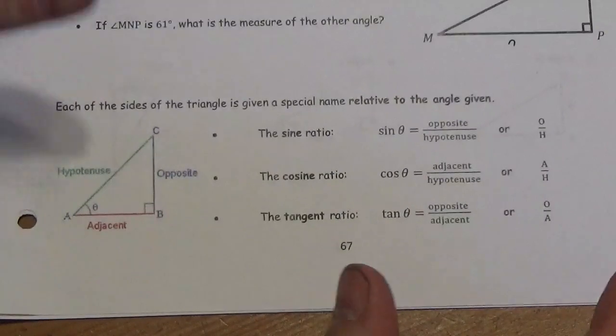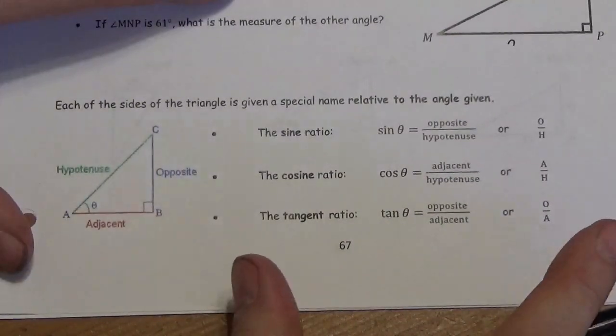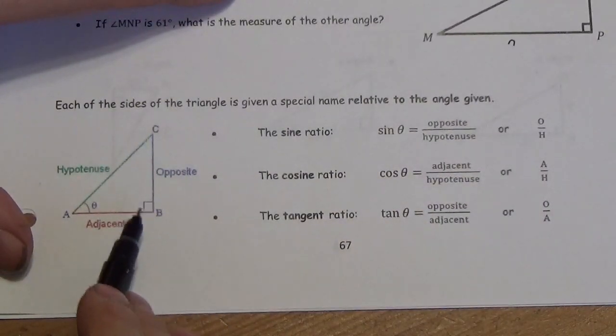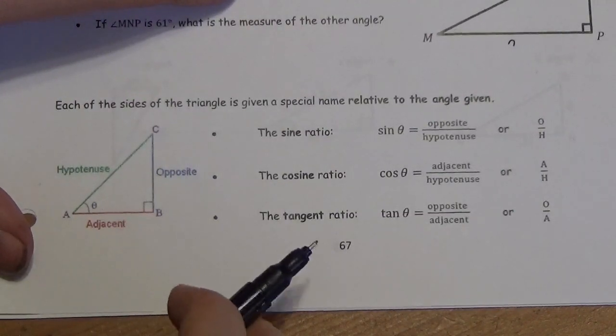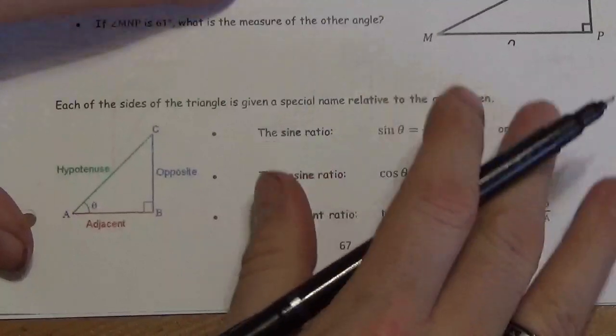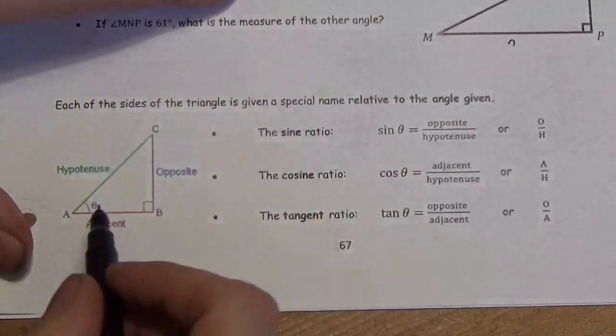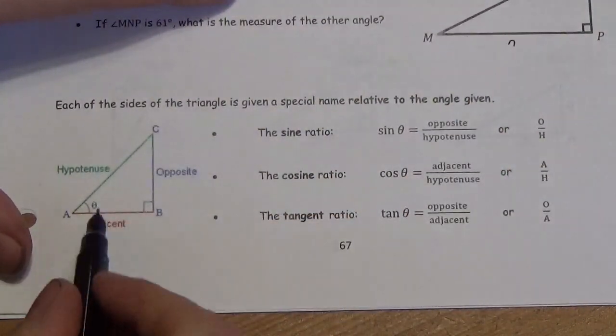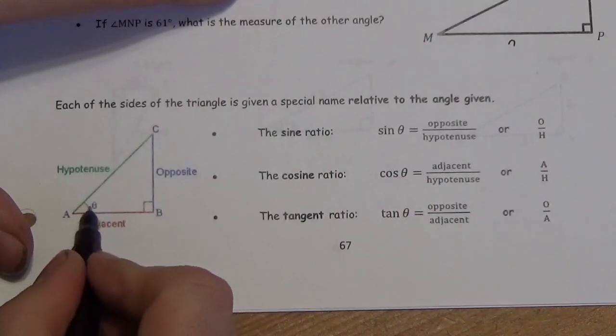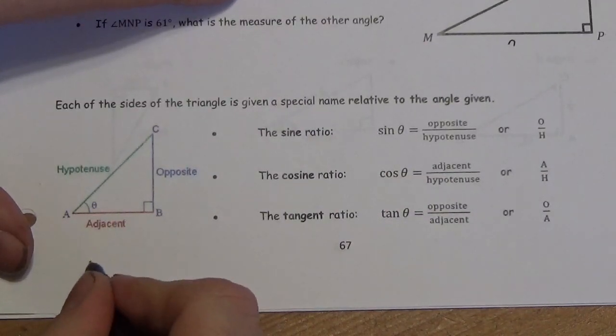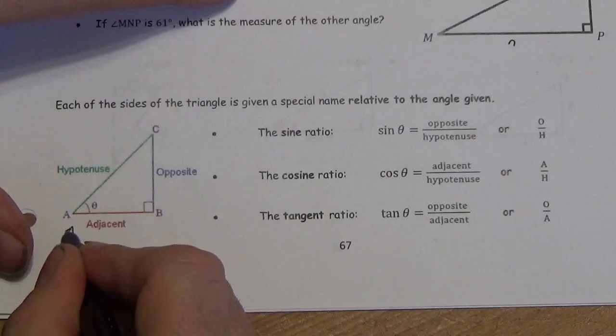We are going to focus our attention on an angle in the triangle, not the right angle. I need the triangle to be a right angle triangle for what I'm about to do to work, but what I do is pick one of the other two angles. In this case, we're going to use this one down here. This is called theta.